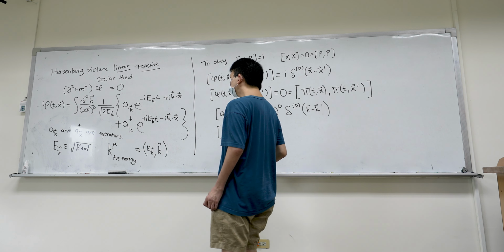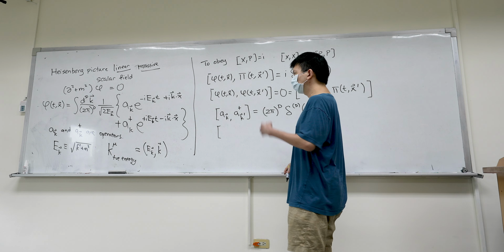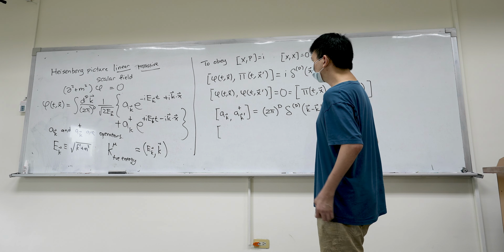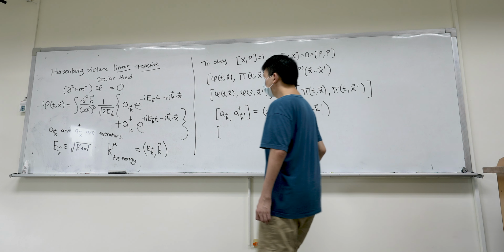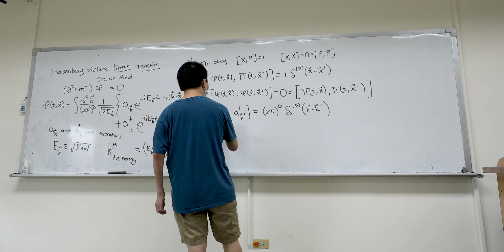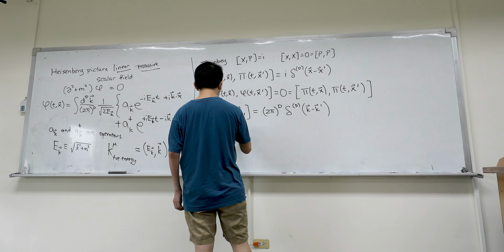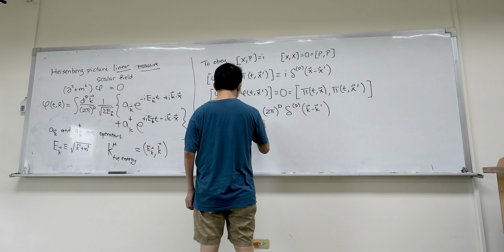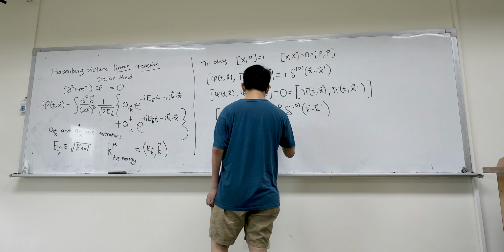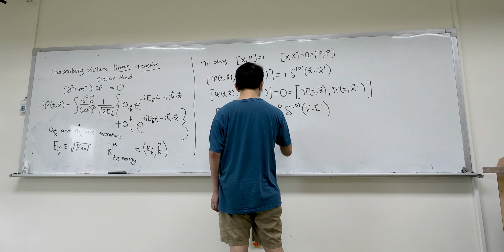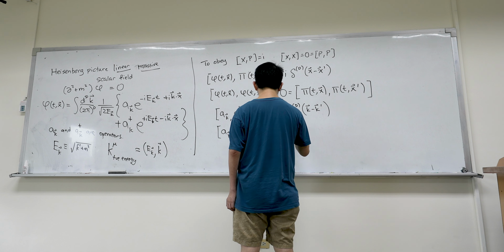Because we're dealing with a real scalar field, which upon quantization we want to be Hermitian. Yes, thank you. And then A k and A k prime better commute, and therefore the Hermitian conjugate also better commute.